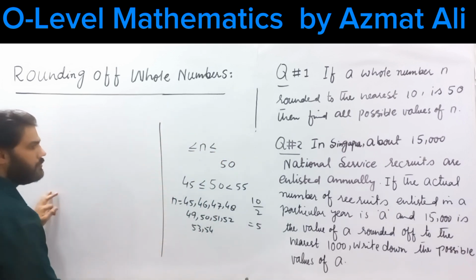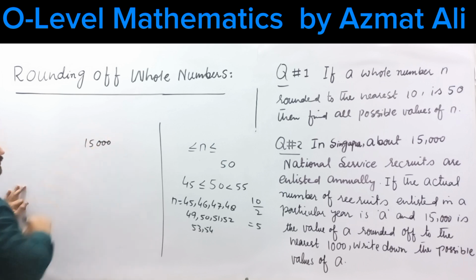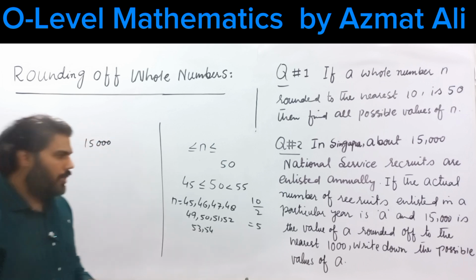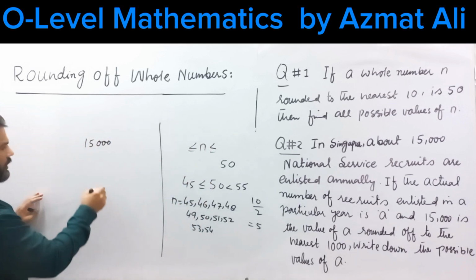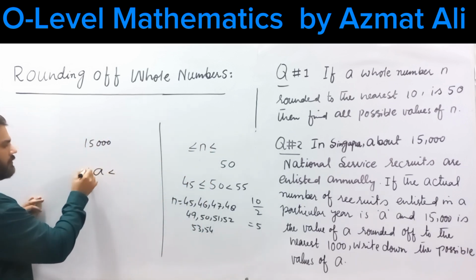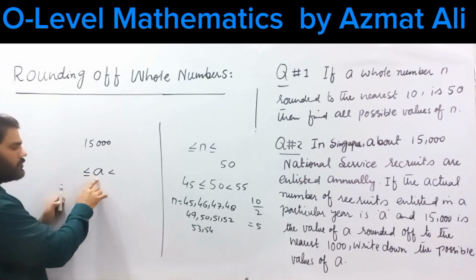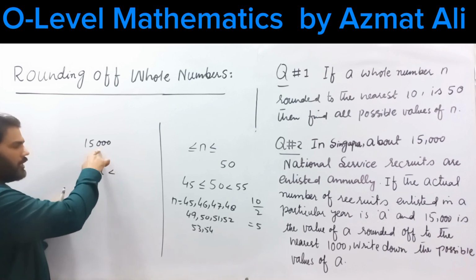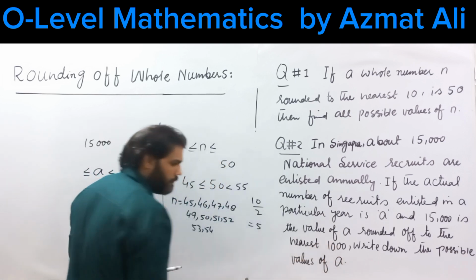Firstly, write the number 15,000. We have to find all possible values of A whose rounded value is 15,000, correct to the nearest 1000.